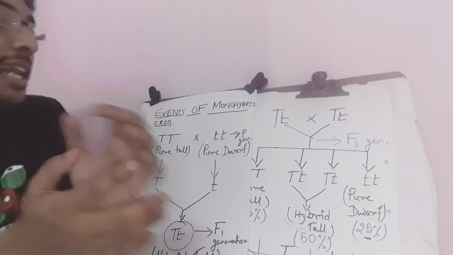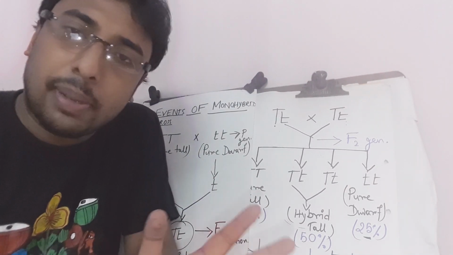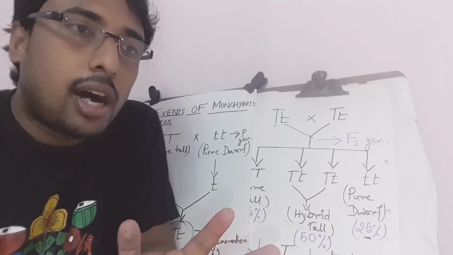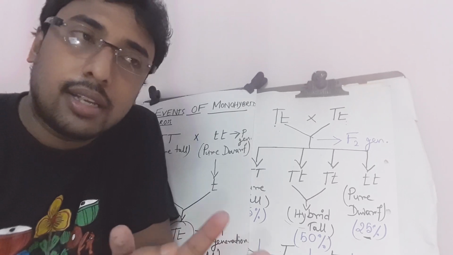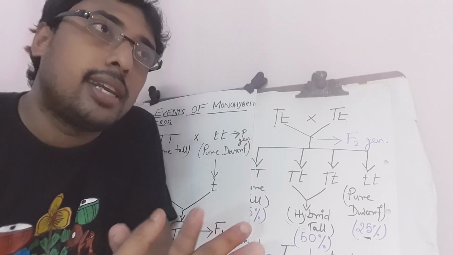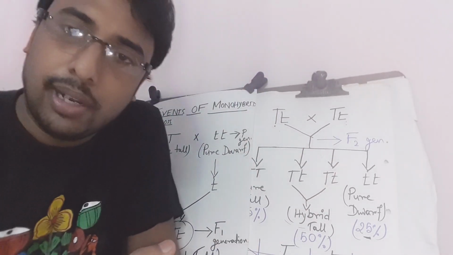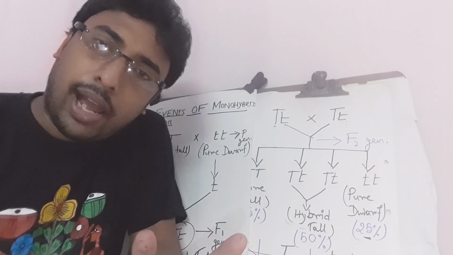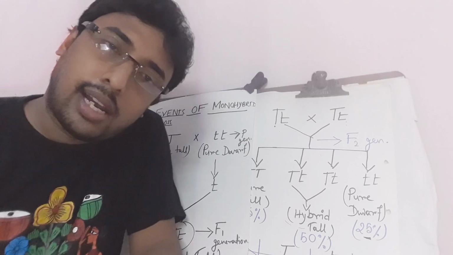You can take here any other characteristic features, just like capital B, small b, and if you think that these are pure black, and if you take any other character just like in pure black, so you can do that experiment with the help of Mendelian experiment. Now I will discuss about dihybrid cross in next topic.